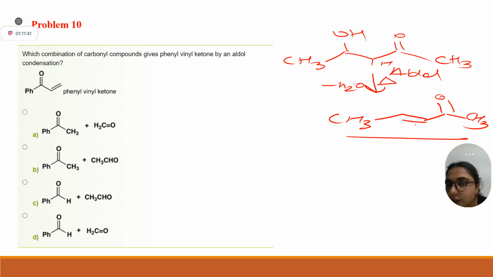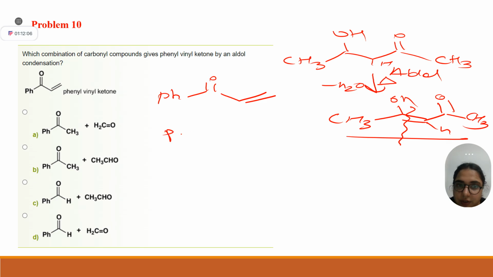Yes. If you want to go back to your aldol product, how do you have to do it? Hydration. Give one OH, give one H. If we come here, PhCO, the carbon near to oxygen gets hydrogen, and the other one gets OH.